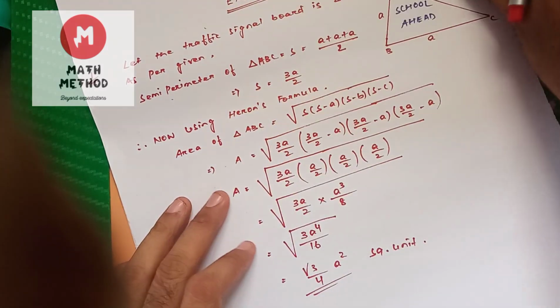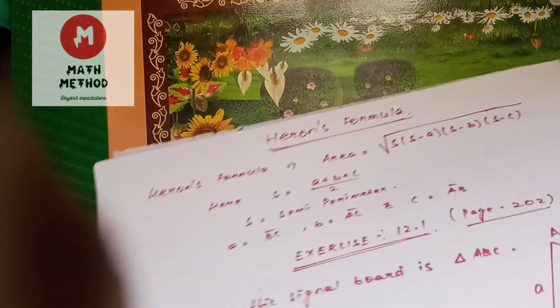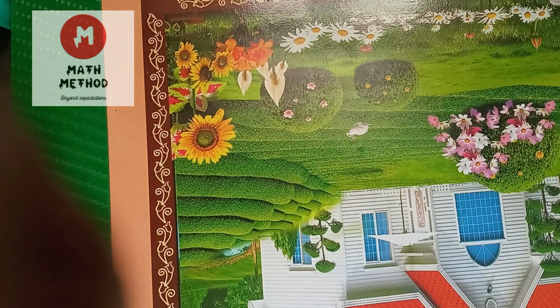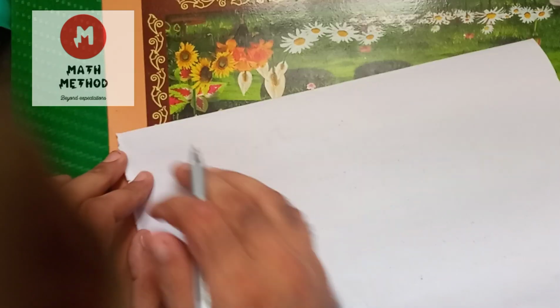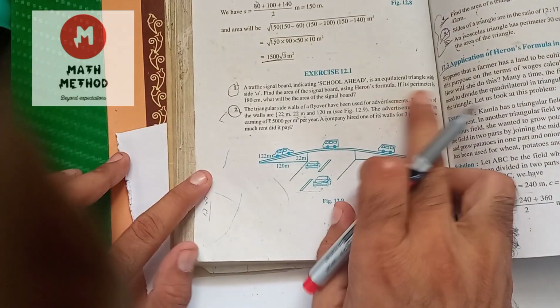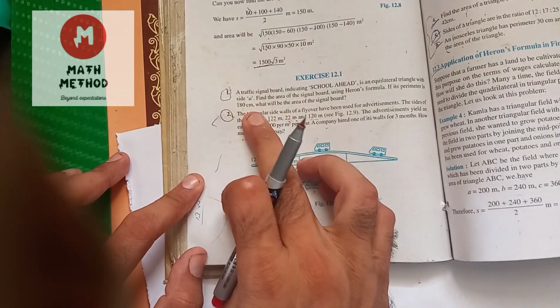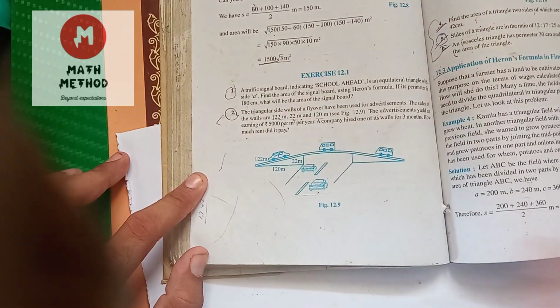It is clear. Now the second part is: if its perimeter is 180 centimeter, what will be the area of the signal board?